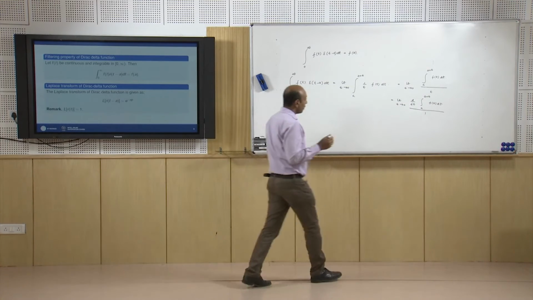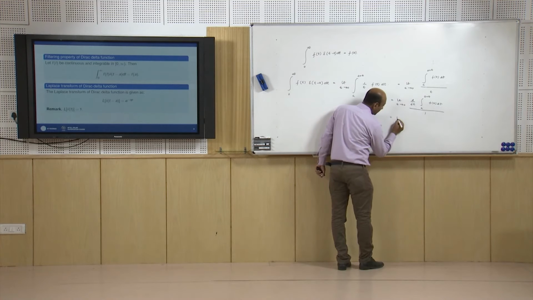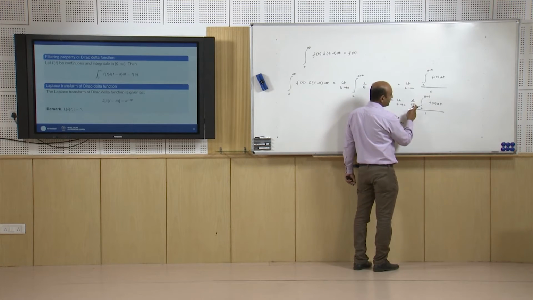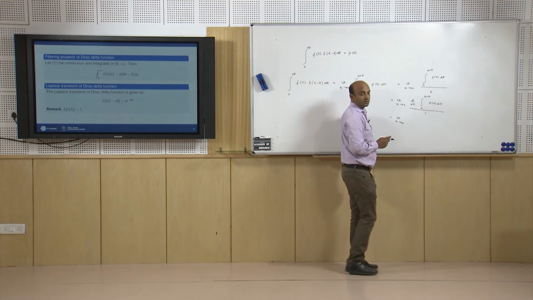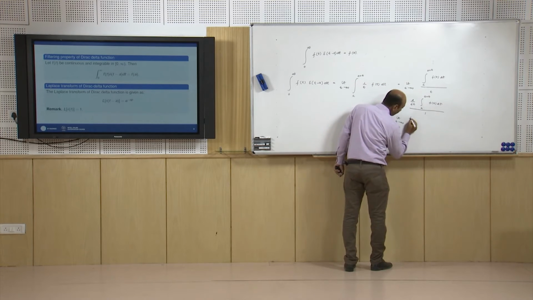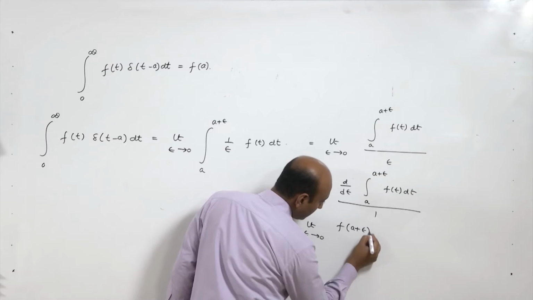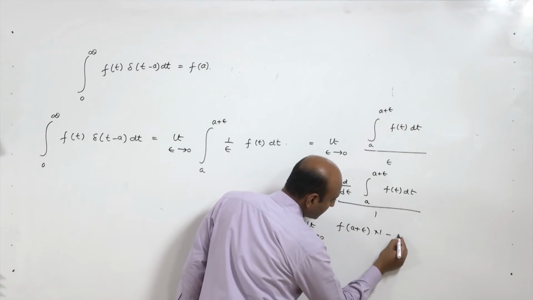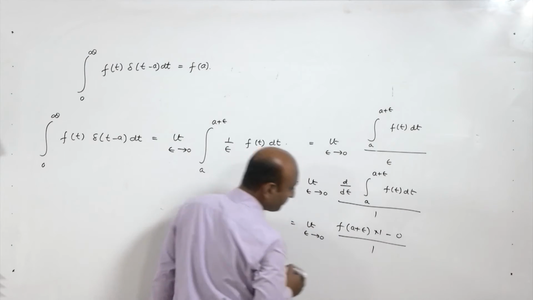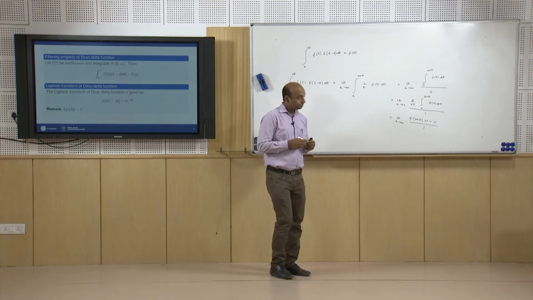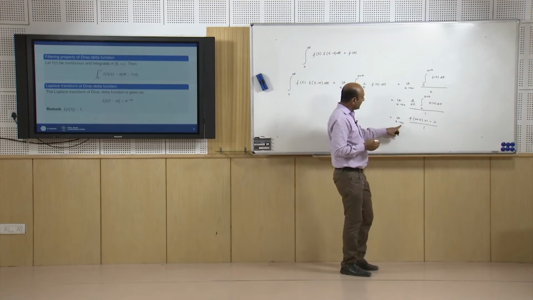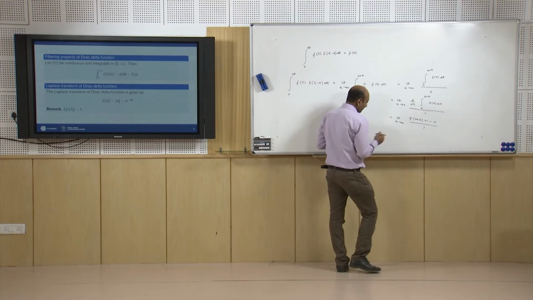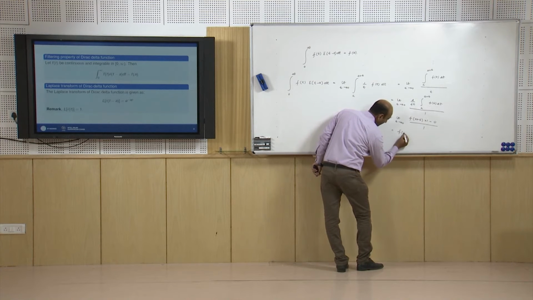Now, when we take d by d epsilon of this function with respect to epsilon, this is nothing but f of a plus epsilon into 1 minus 0 upon 1. Okay. And when epsilon tends to 0, it is nothing but f(a).